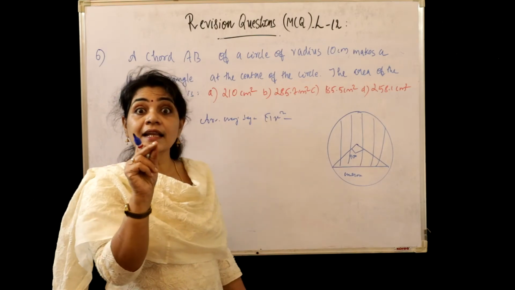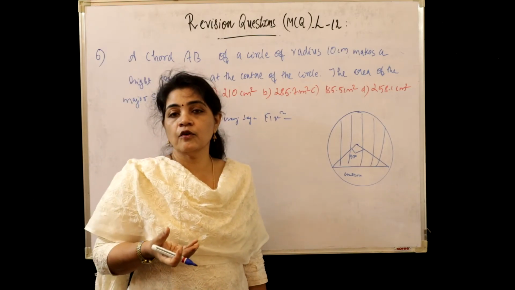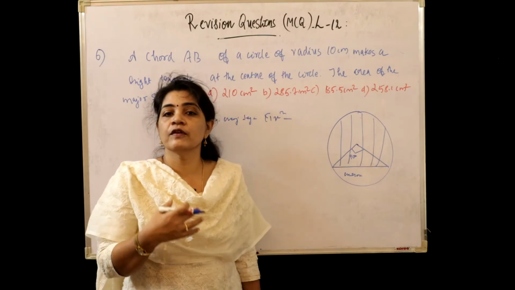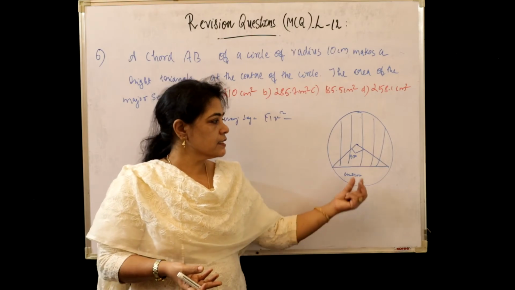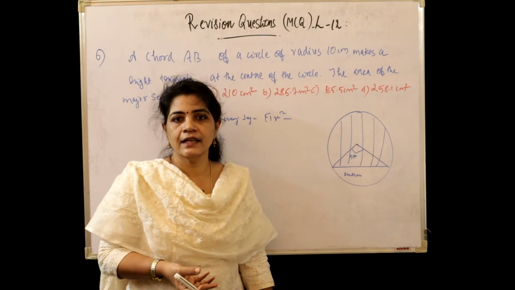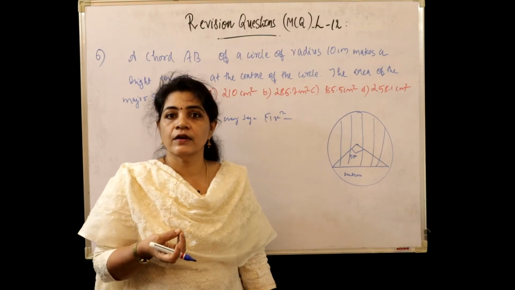I already told in the beginning of this video, we have the formula of area of segment when theta is 90 degree and when theta is 60 degree. Here the angle formed at the center is 90 degree, and the formula is 2 by 7 r square.